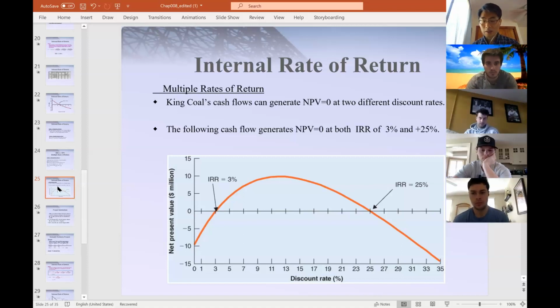Given the definition of the internal rate of return as the rate that makes the net present value equal to 0, we now have two different internal rates of return, and neither of them is correct. So whenever you face a project that has multiple cash outflows, including cash outflows that happen in the future, you run the risk of facing this kind of problem.